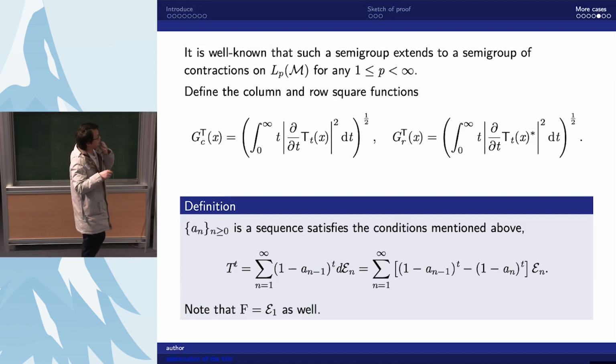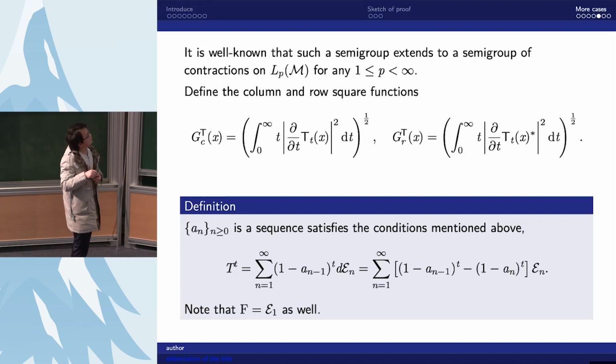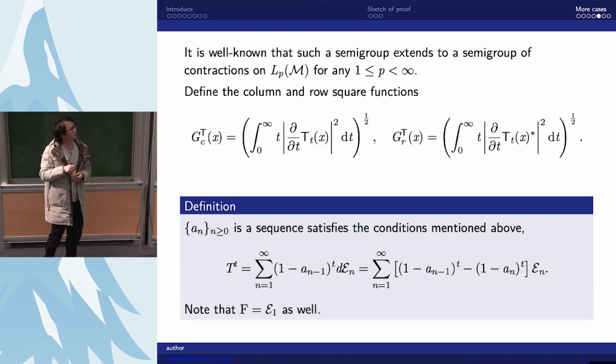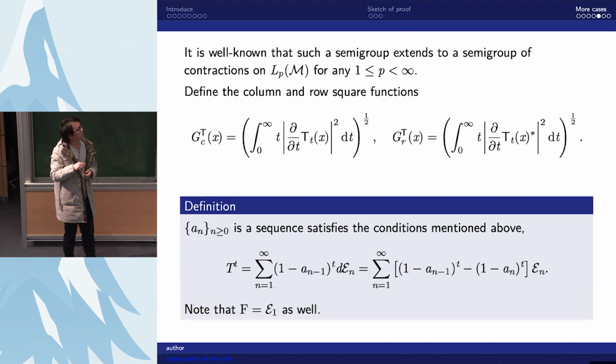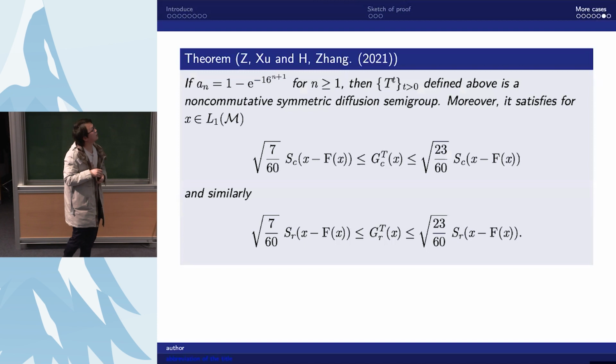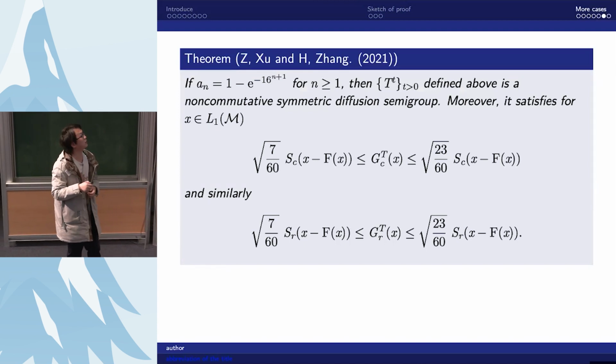T_t has also this form. Note that F is E_1, the projection. Then we can choose an appropriate sequence a_n just like before.